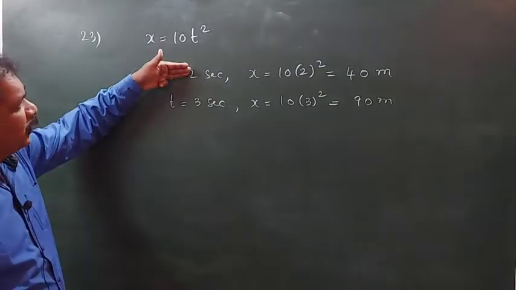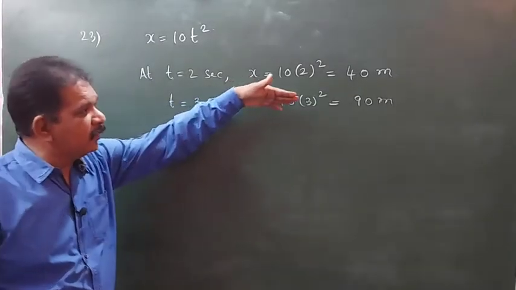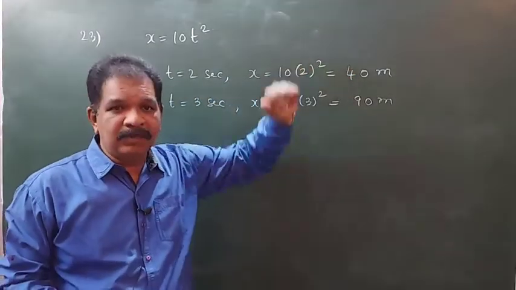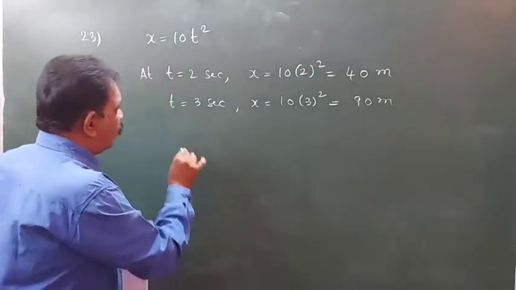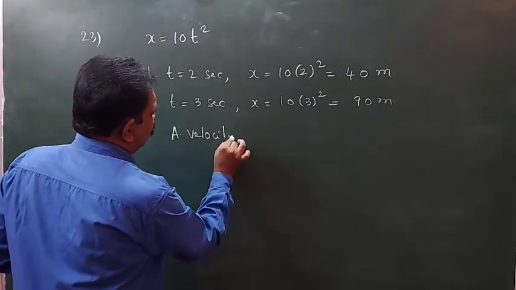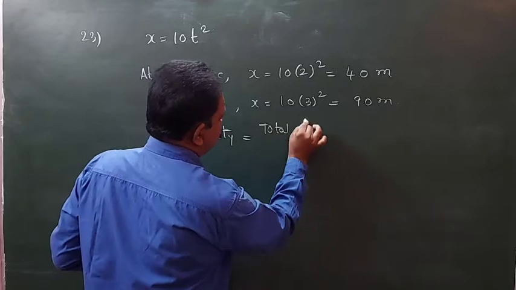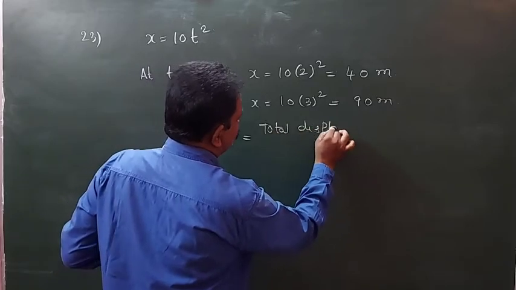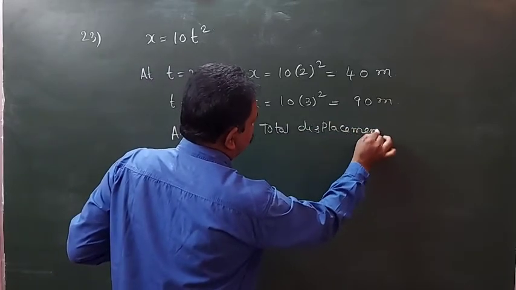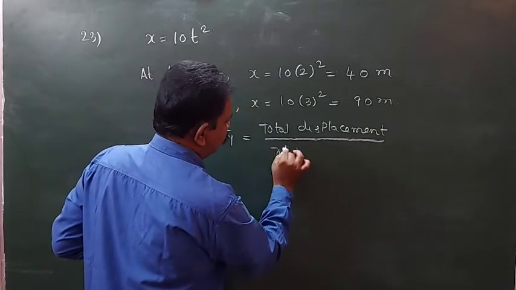So in between 2 to 3 seconds, what is the displacement? 90 minus 40. So average velocity is equal to total displacement by total time.